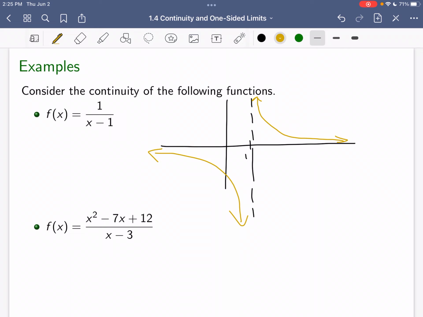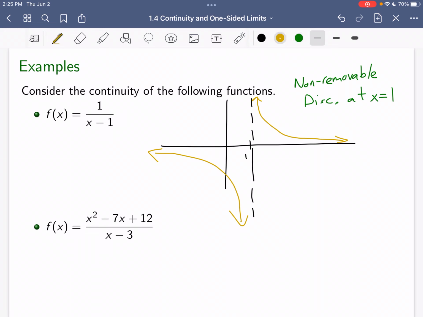So what is the continuity of this? Where is it discontinuous? Well, it's discontinuous at x equals 1. Is that discontinuity removable or non-removable? Is it possible to fix that discontinuity? Well, no, so that is a non-removable discontinuity. So where is it continuous?